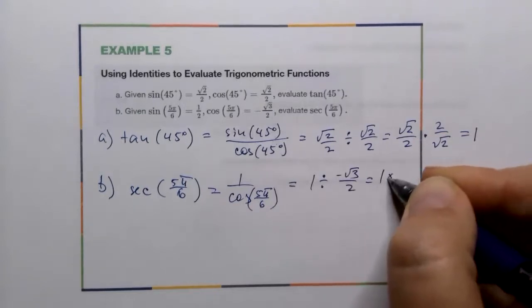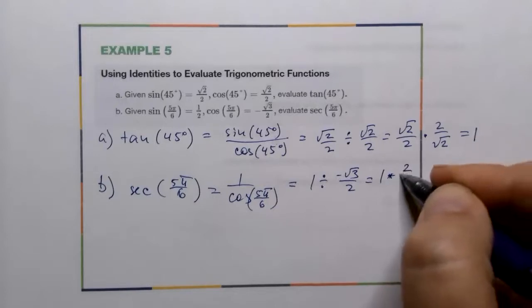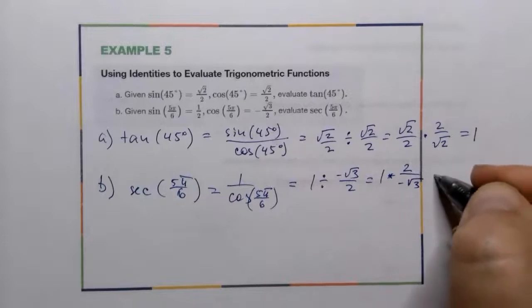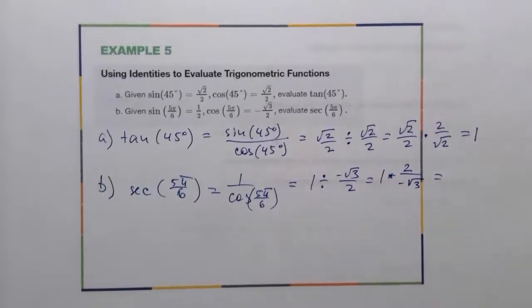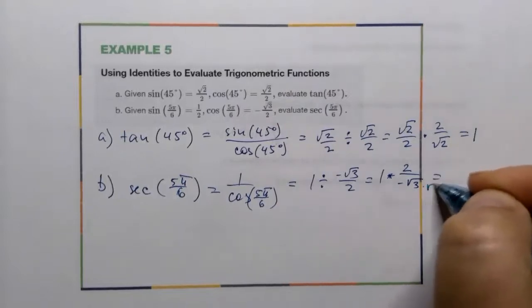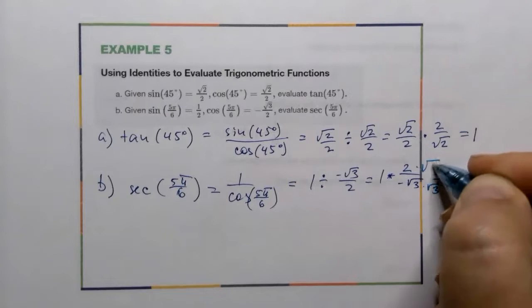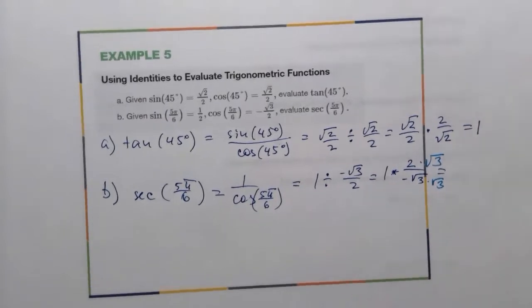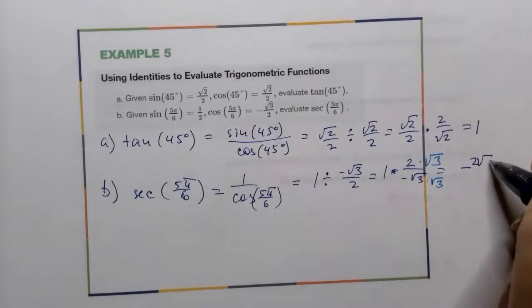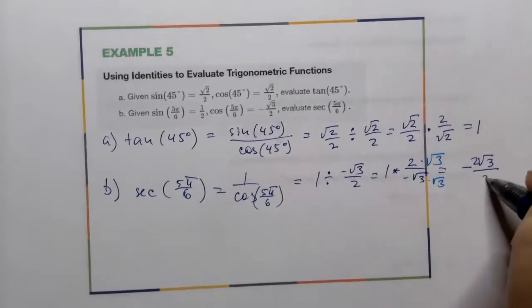So we turn it into multiplication, and we can move the negative sign. Where's my pen? Here it is, found it. So I'm going to rationalize the denominator, and I'm going to get negative 2 roots of 3 over 3.